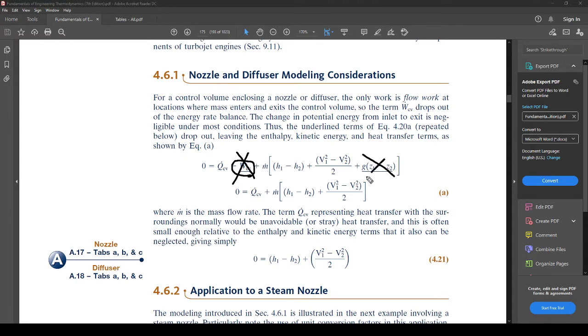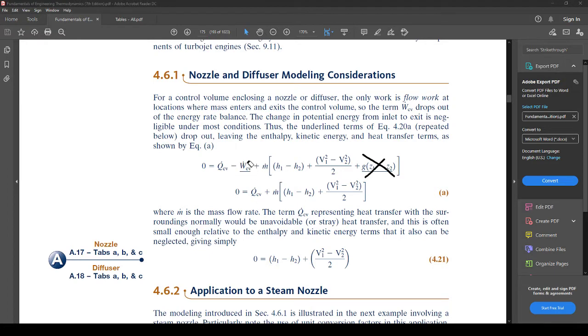Potential energy also goes away simply because we're not changing height, or not changing very much height, from inlet to outlet, so it doesn't matter. The main things left are the heat transfer and the kinetic energy term. But the heat transfer, as we talked about yesterday, tends to go to 0 because it's either insulated or it's so small that we don't really care about it, right?